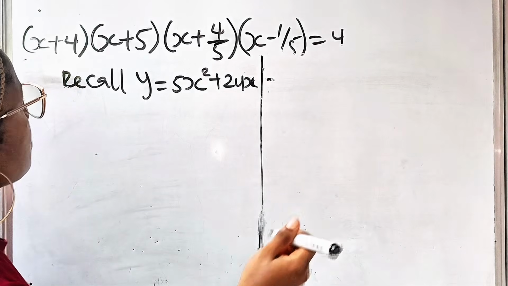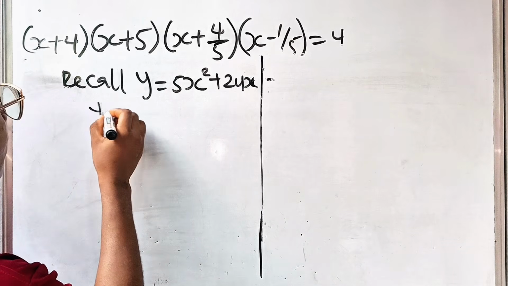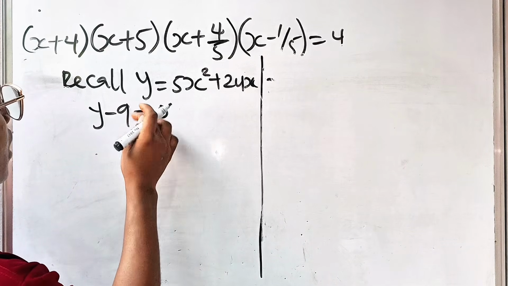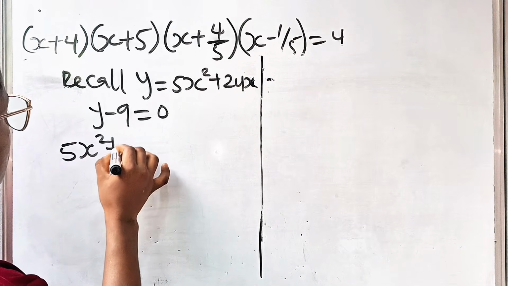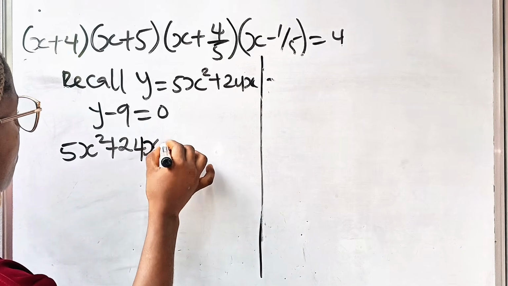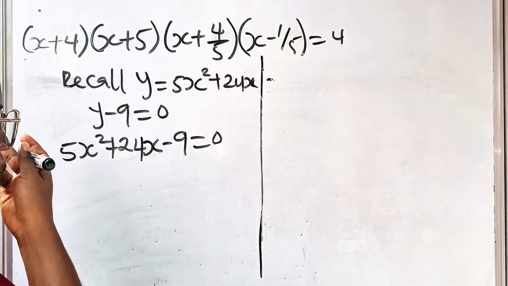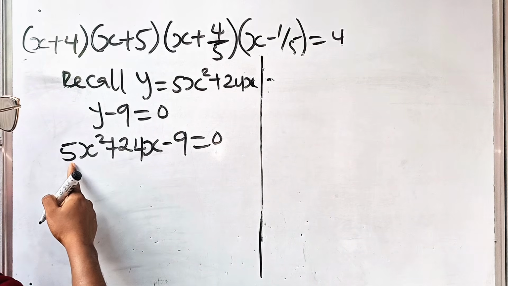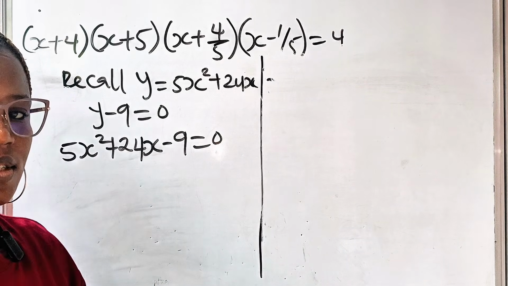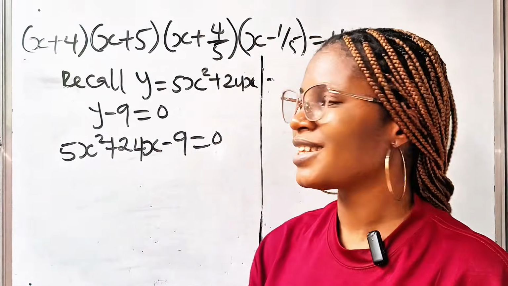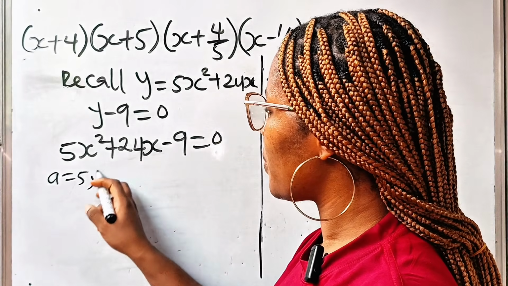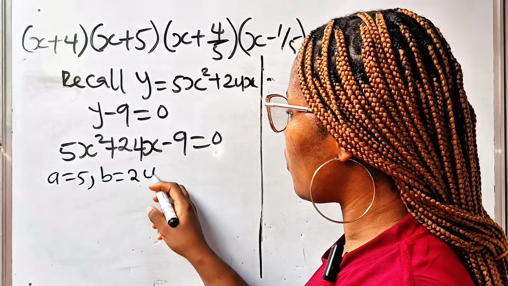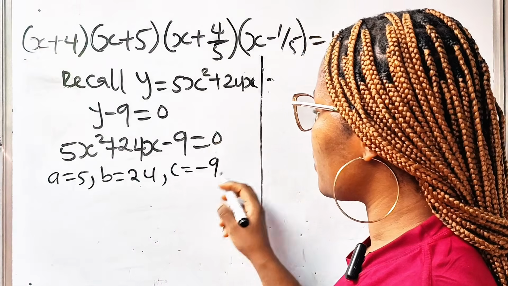If you look at the second one, we have that y minus 9 equals 0, and y is this. So we have 5x squared plus 24x minus 9 equals 0. Now, we are going to use the quadratic equation formula again. So to do that, we have our a is 5, our b is 24, our c is minus 9.